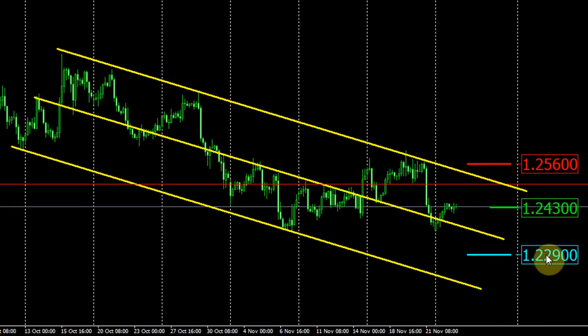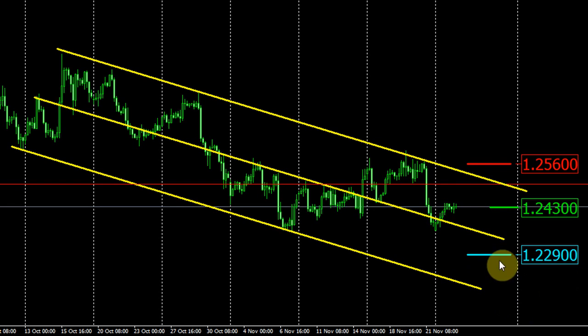Also, we could potentially put the take profit even lower, closer to the bottom border, but I didn't want to make the take profit much larger than the stop loss. In this case, our take profit is approximately 140 pips, and our stop loss is about 130 pips. So that's about even, not exactly, but about even.